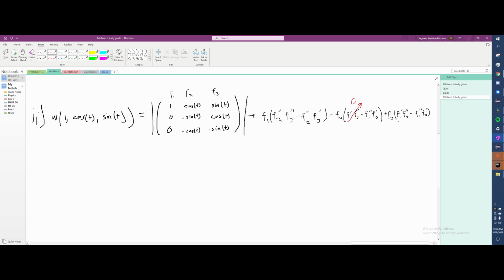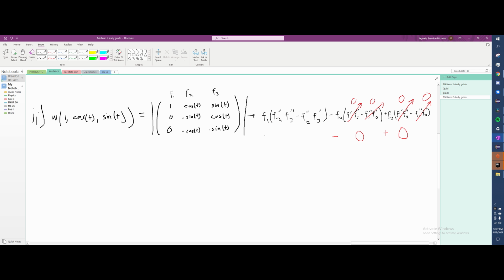Here is another f1 prime, which crosses out to be 0. We have an f1 double prime, so this is also 0. So this entire thing is 0. We have our f1 double prime here, and that's 0. And then we just have an f1 here.